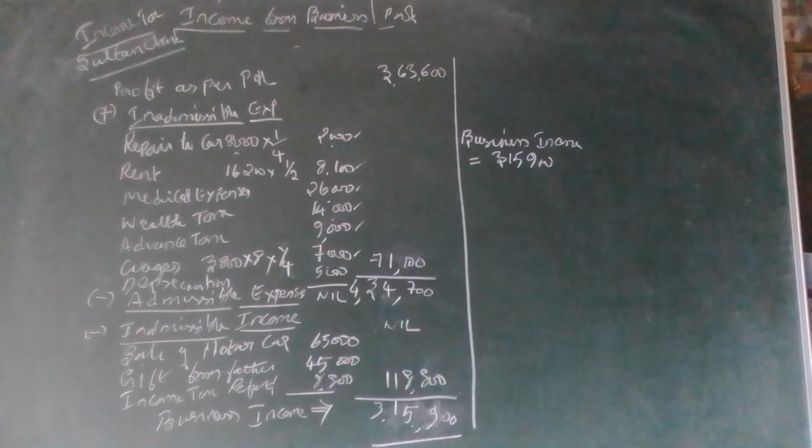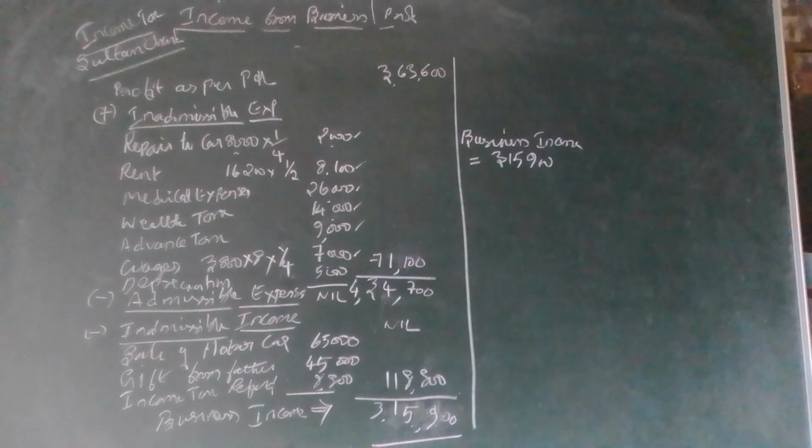Please mind it, income tax paid is an inadmissible item, as we have taken here in advance income tax. Likewise, if you receive a refund from the income tax, that is also inadmissible, right?